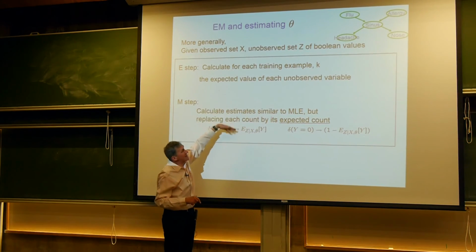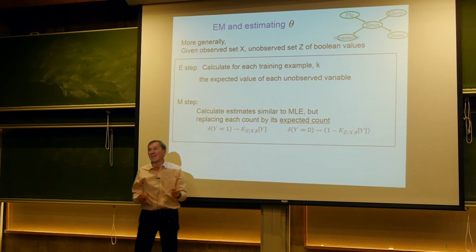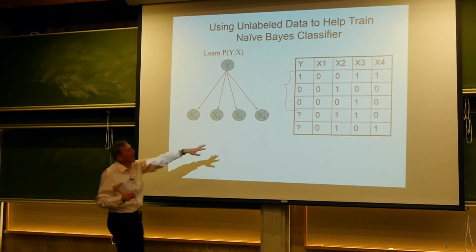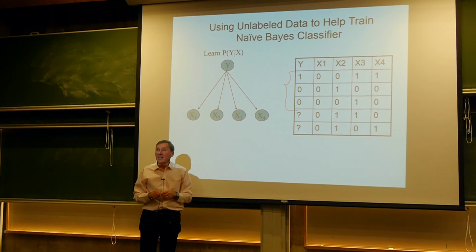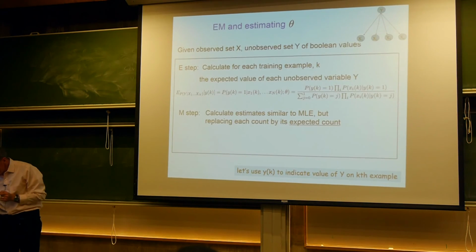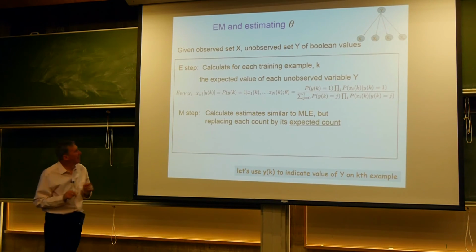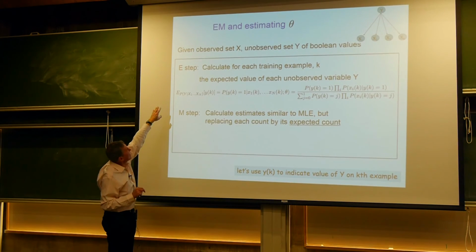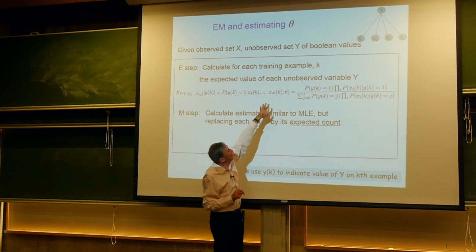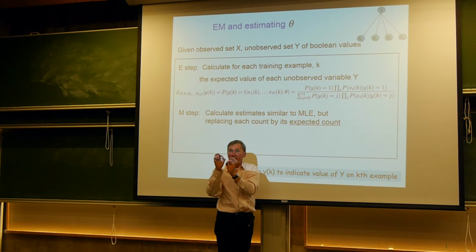It just breaks down into this simple algorithm. So if our naive Bayes example is built out of Boolean variables, it's that simple. All we have to do, on the E step, is calculate for each training example the expected value of each of those unobserved y's.